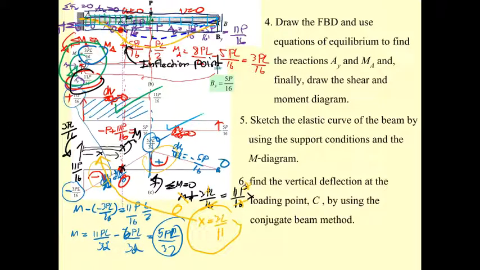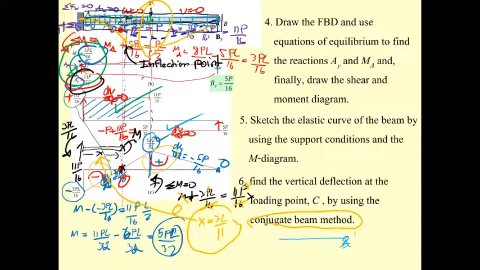Next, they ask us to determine the deflection at point D. What we are going to use is the conjugate beam. When you use the conjugate beam, that means your beam is going to change. This one is going to be the same as before.